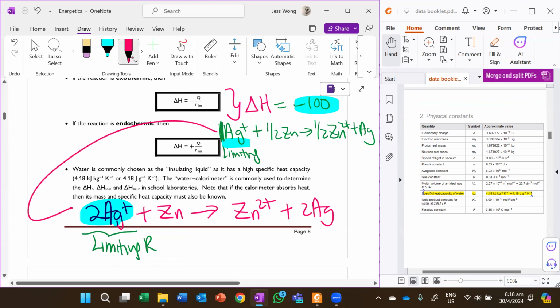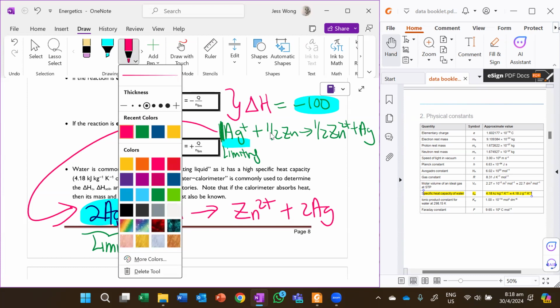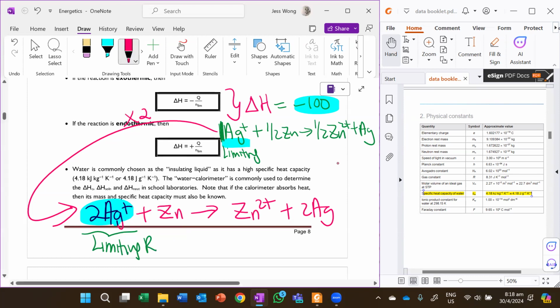So if the equation is written in this manner, what we have done is that we have multiplied the green color equation by 2 to get the red color one. Therefore, the enthalpy will also have to be multiplied by 2, from minus 100 to minus 200. That is for enthalpy change of reaction.